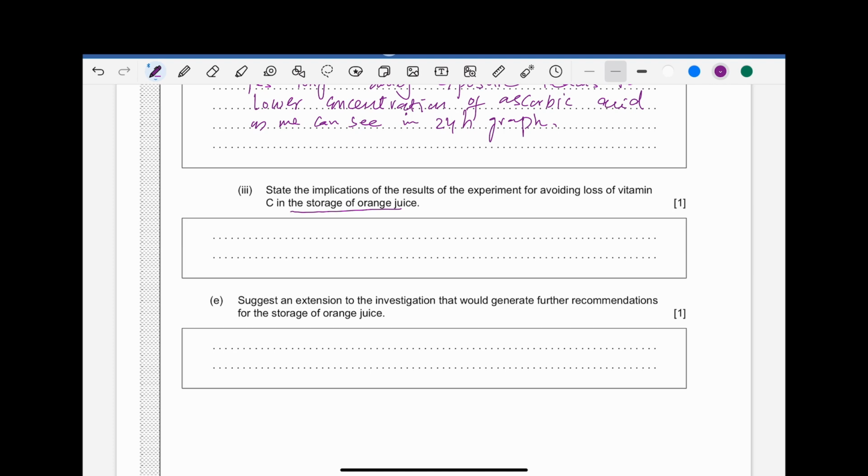So it should be stored in a sealed container, or we can say should be consumed once opened.